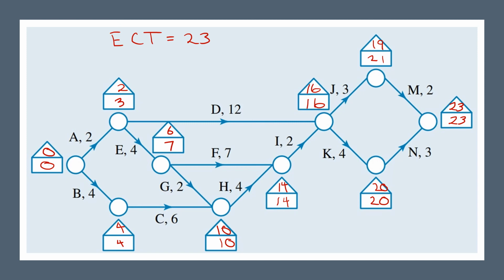Following along where we now have those larger valued edges, so B, C, H, I, K, and N. So the critical path has completely changed now that we've identified those. So our new path is B, C, H, I, K, N.